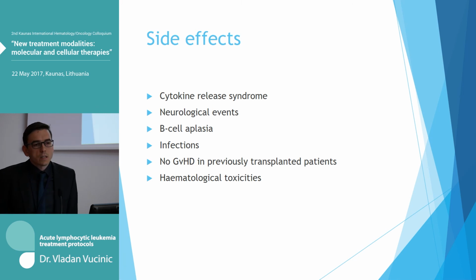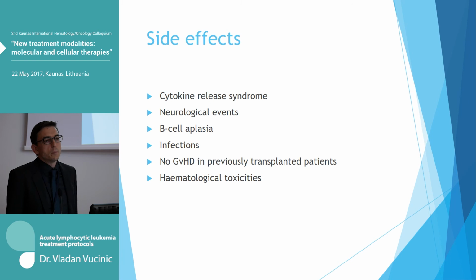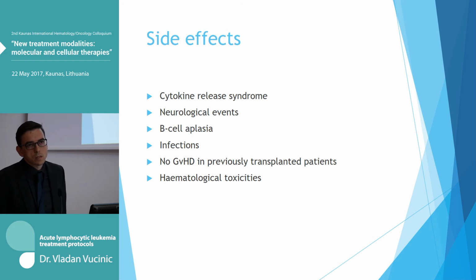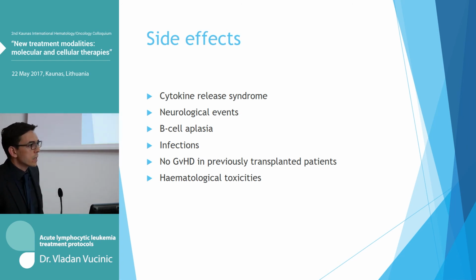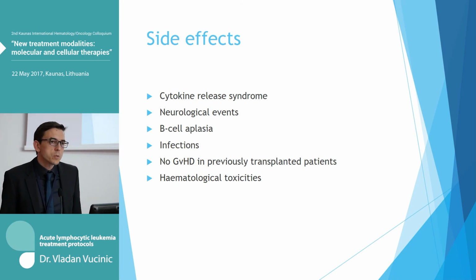Side effects of the CAR therapies are a subject of very many publications. I'm going to just go through them. It's cytokine release syndrome, it's neurological events. Those patients are B-cell aplastic for quite a long time, so substitution of immunoglobulins is necessary anyhow.